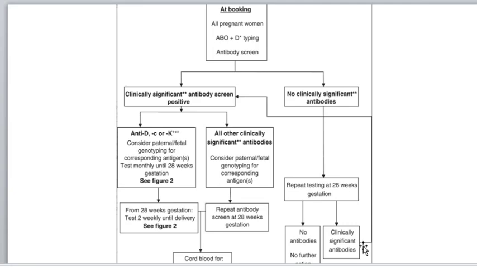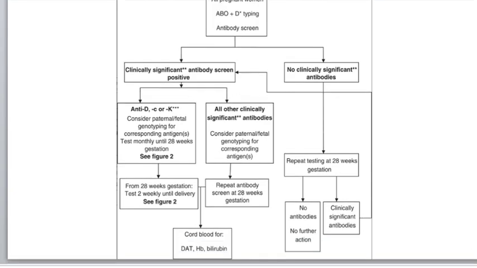If there is a significant rise in the titer, then you should be worried. Otherwise, no need to do anything.